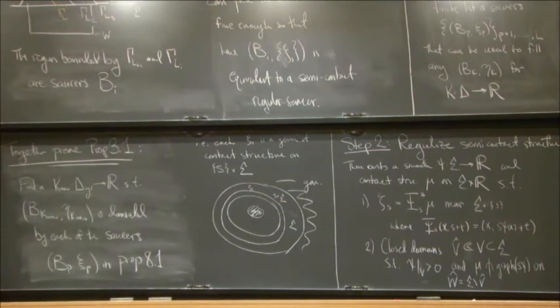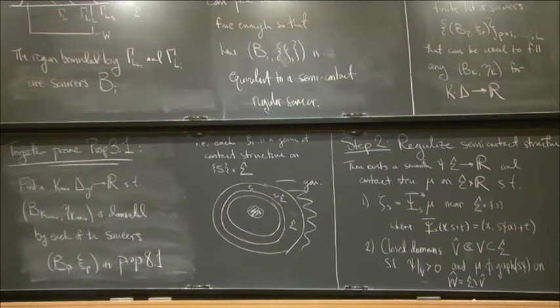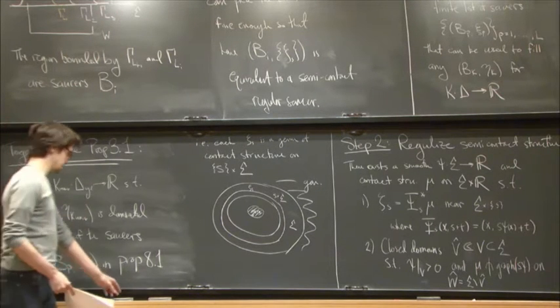One of the first things I said today was that any saucer dominates some B sub k. So each one of these dominates some B sub k. So now you have a collection of B sub k's, and you take K universal to be less than all of those.